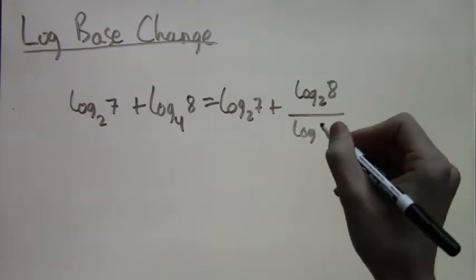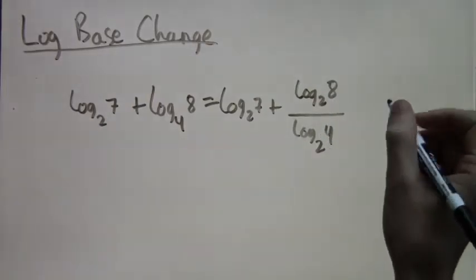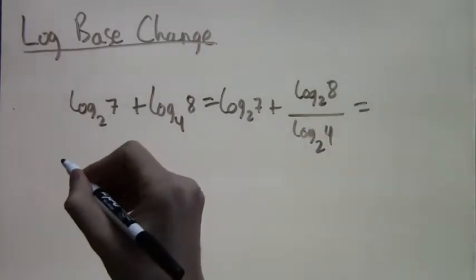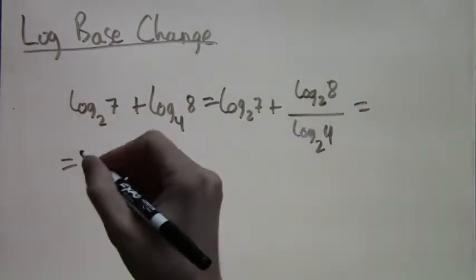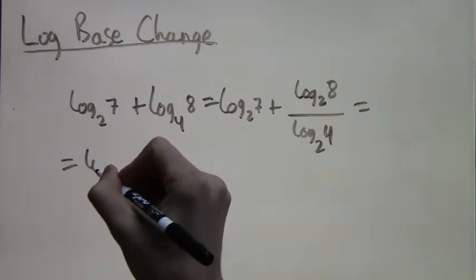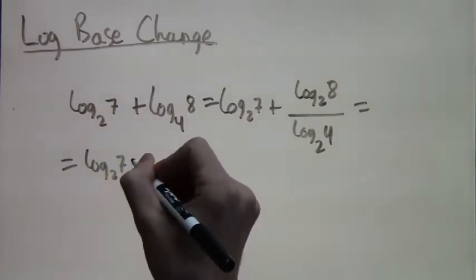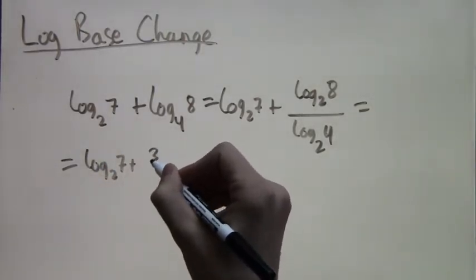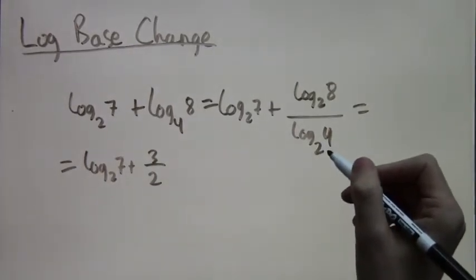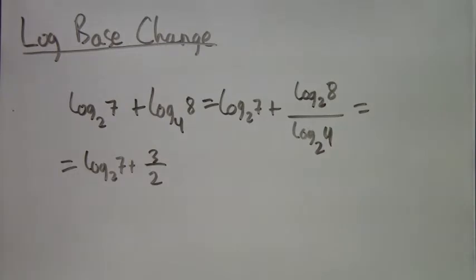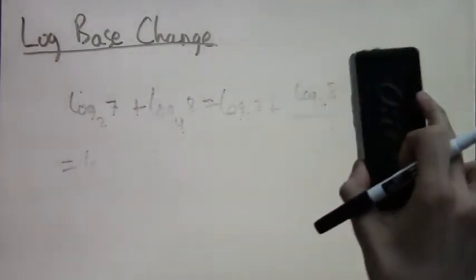So we change the log base 4 to a log base 2, and we get log base 2 of 8 over log base 2 of 4. But log base 2 of 4 and log base 2 of 8 are both easily calculable, and we just get the fraction 3 over 2. In fact, you can plug it into your calculator if you want to check.